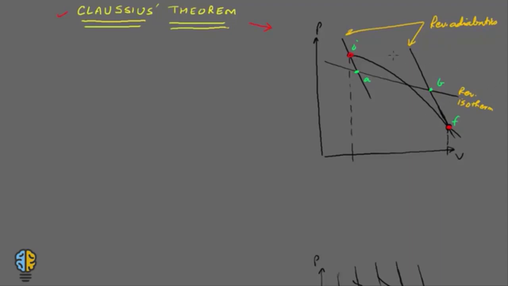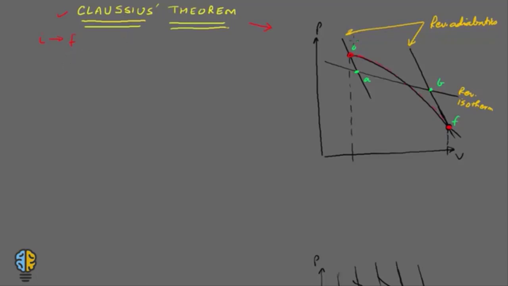So this is the reversible path we are talking about, this curved path. So the process is from I to F. Now let a reversible adiabatic IA.